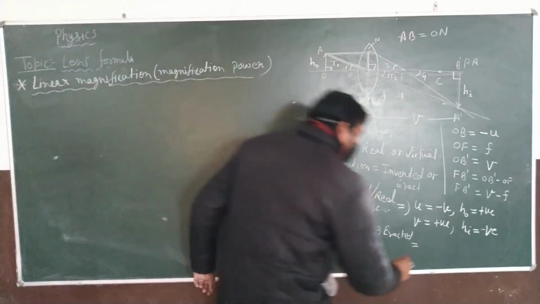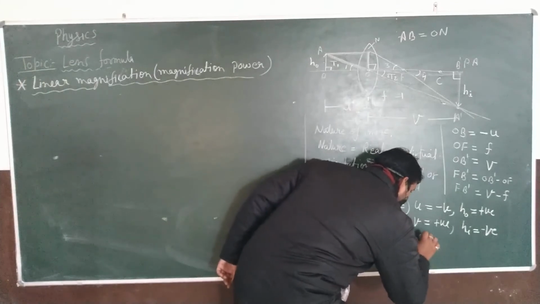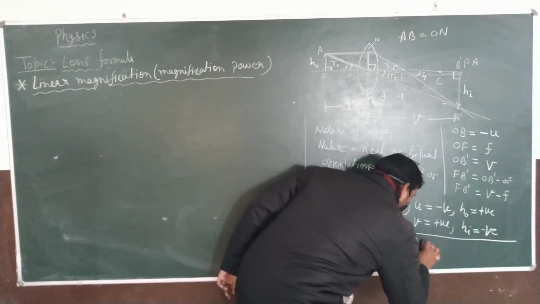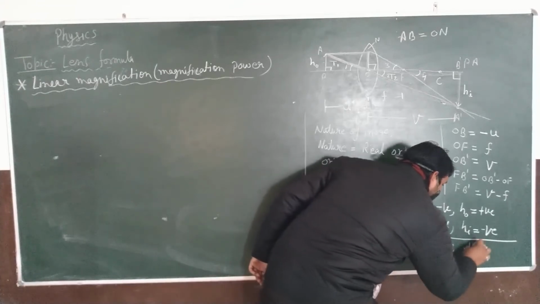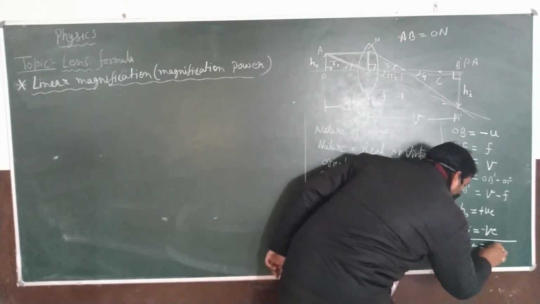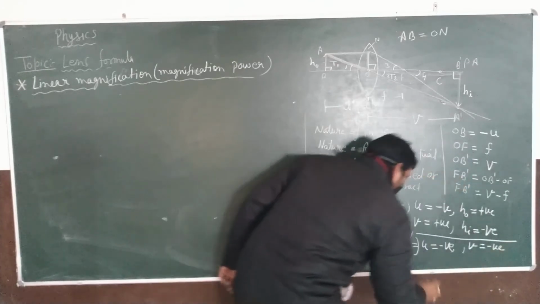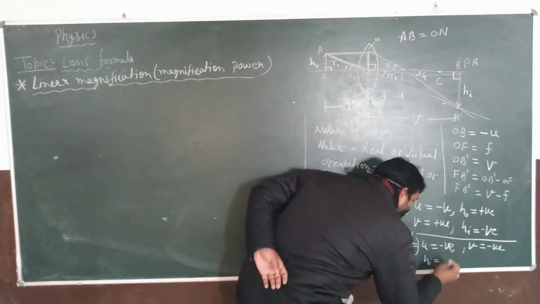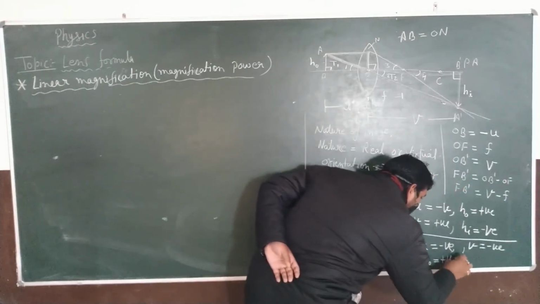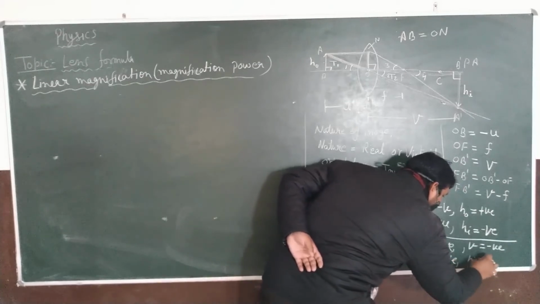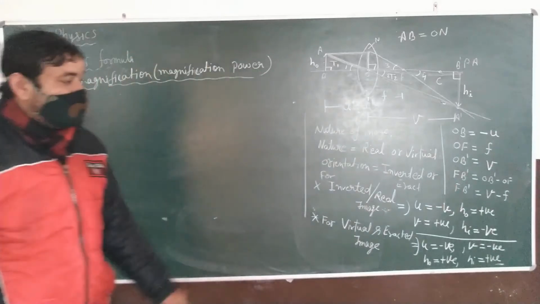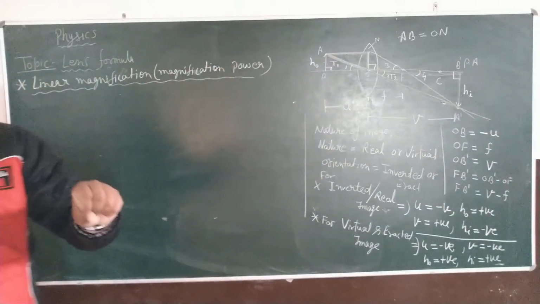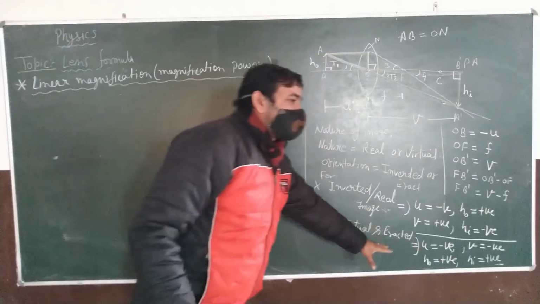That is, U is negative, V is also negative, and HO is positive, and similarly HI is also positive. Okay, these are some characteristics of the image formed by the convex lens.